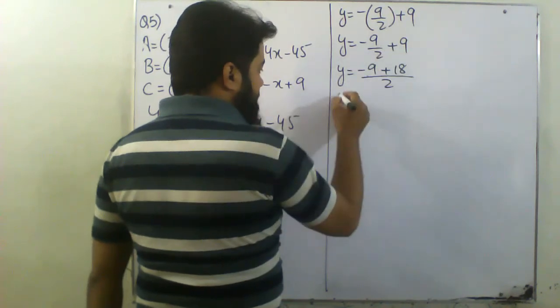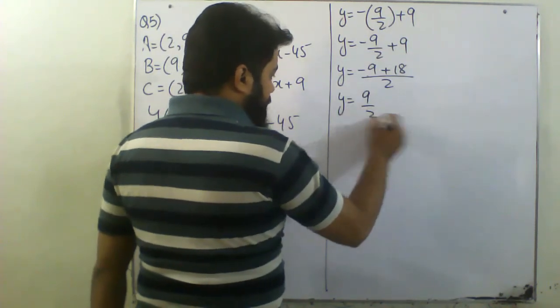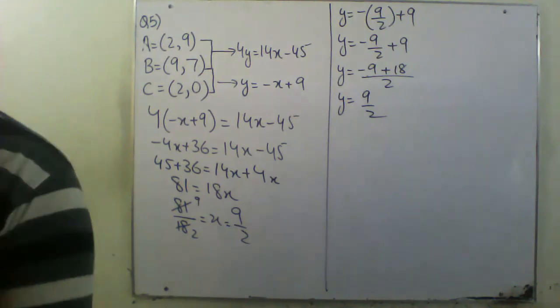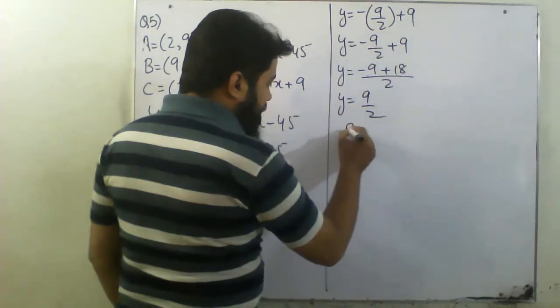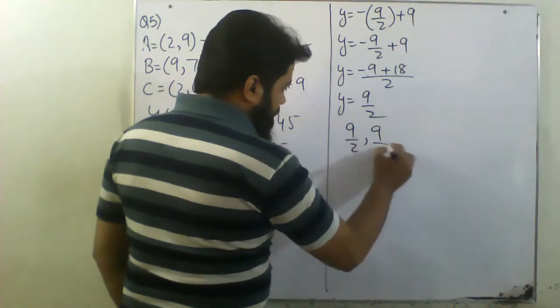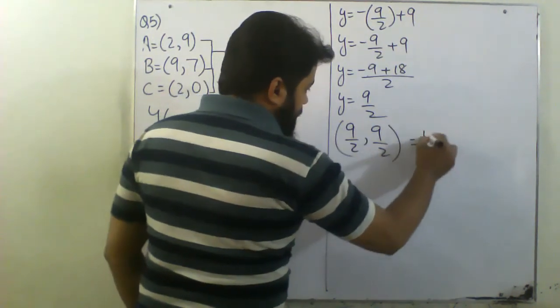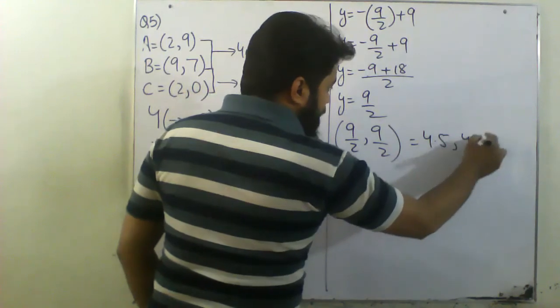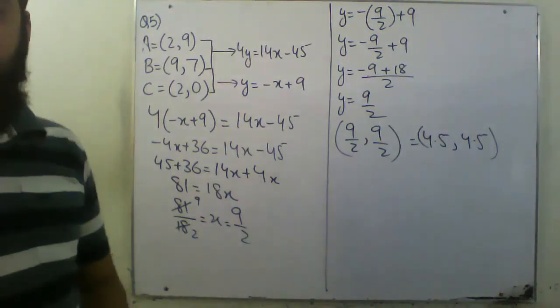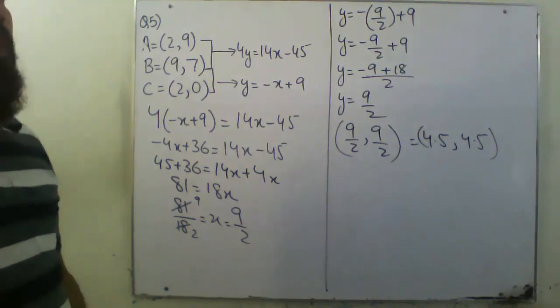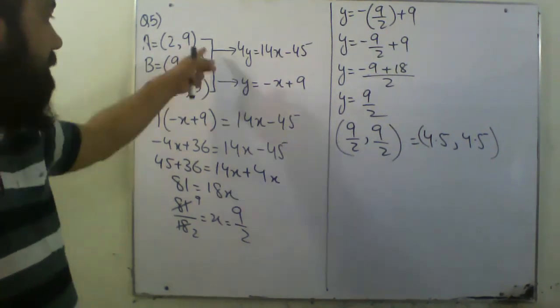So y equals 9 over 2. After simplifying, y is coming 9 over 2. So the intersection point is 9 over 2 comma 9 over 2, or 4.5 comma 4.5. That's your intersection point for the two perpendicular bisectors.